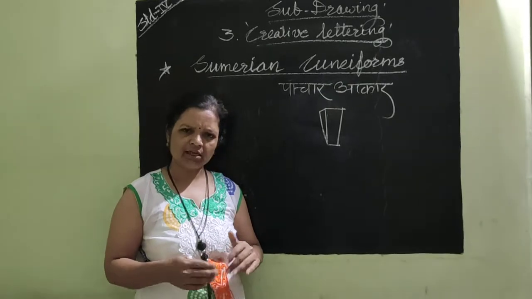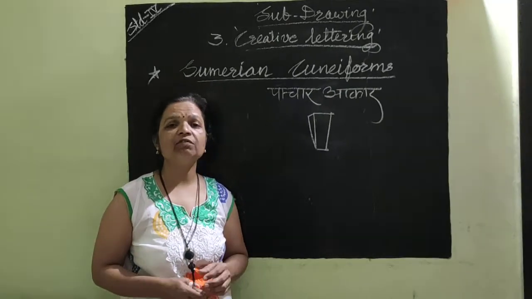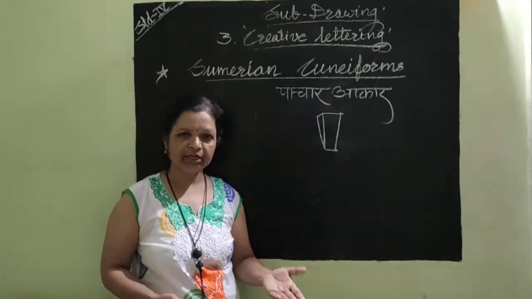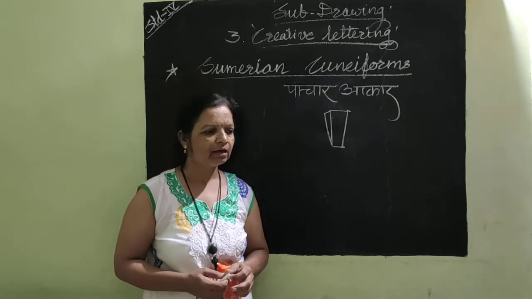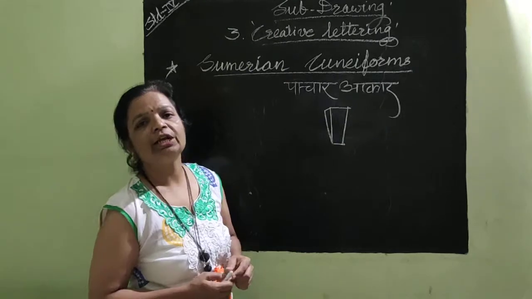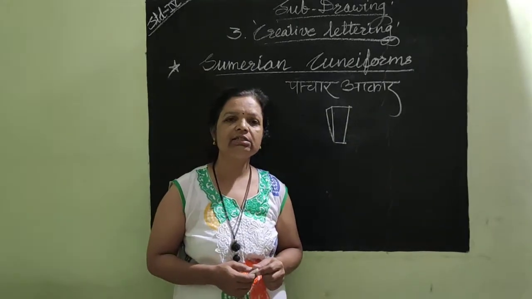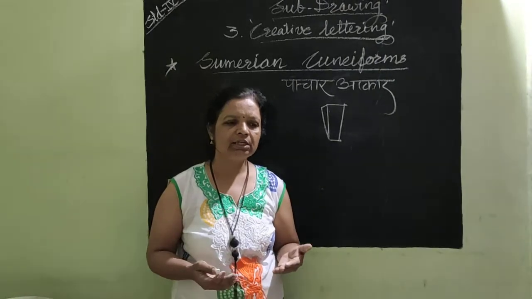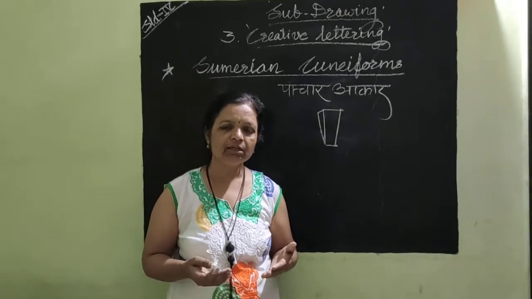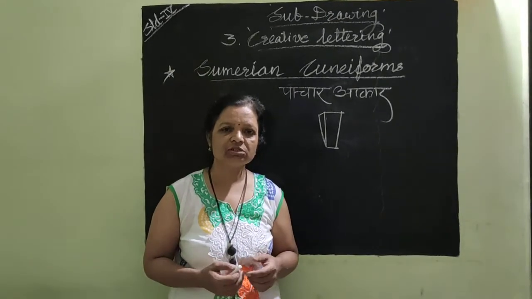So let's learn how the language developed in modern period. Means in this latest period we have different type of creative letterings. We write different types of letters, creative letters, and taking many concepts, imaginations.